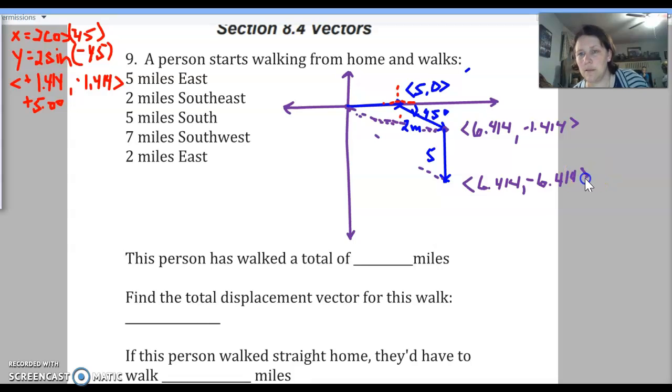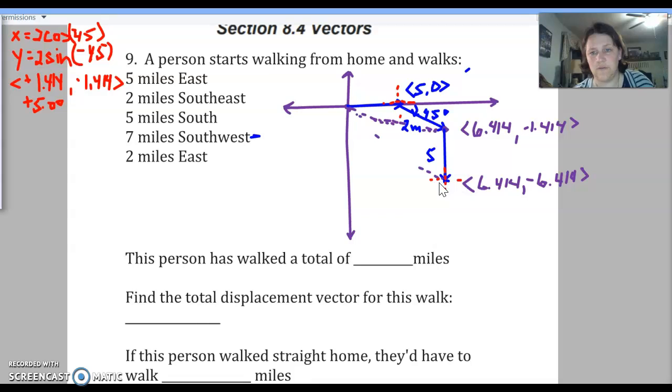Okay? Now we are going to go to our next one. So now we have 7 miles southwest. Southwest is going to be, let's again just think of an origin here.